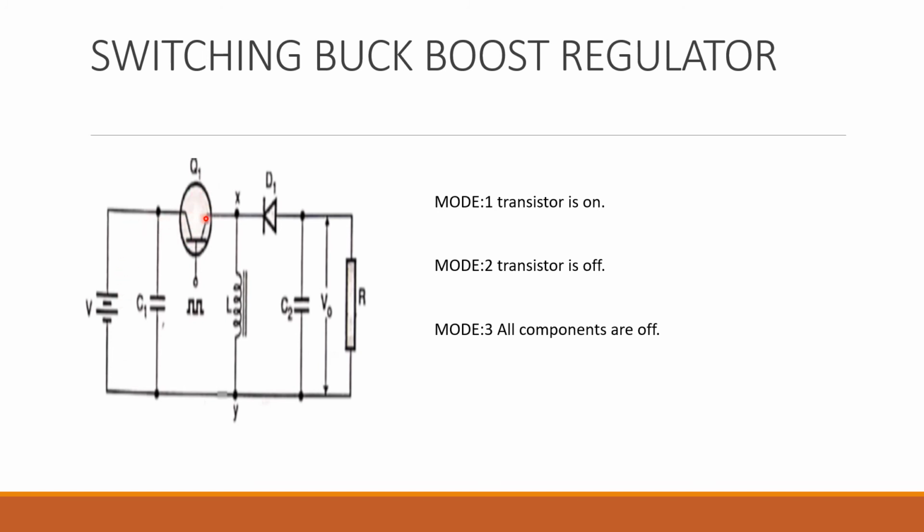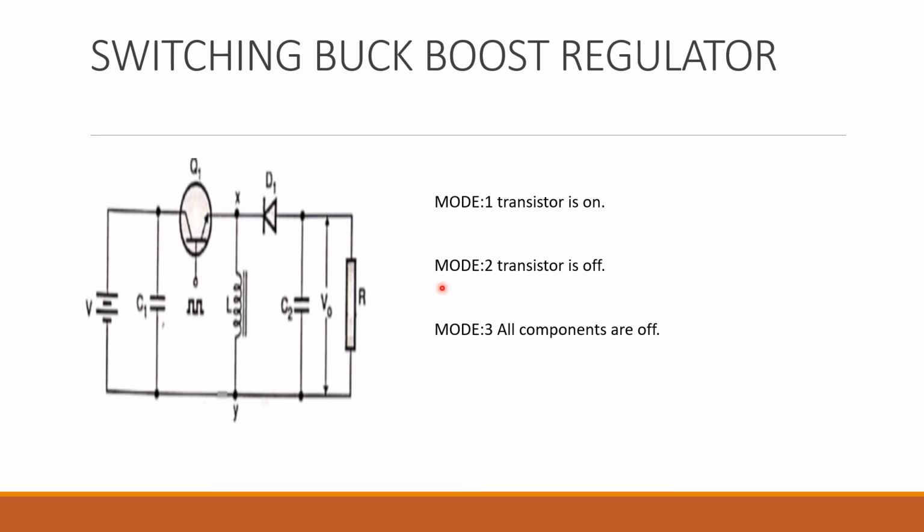This voltage is applied to inductor. Diode will remain reverse bias. Inductor is flowing the current. At the same time, it is storing the energy. There is no connection between this section and this section because diode is reverse bias. Hence, there is no current in capacitor and resistor in mode 1.